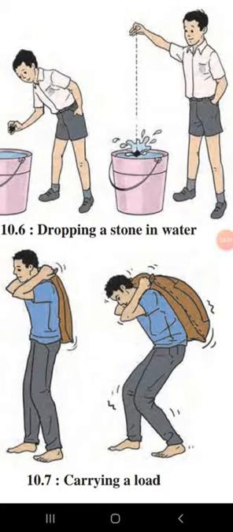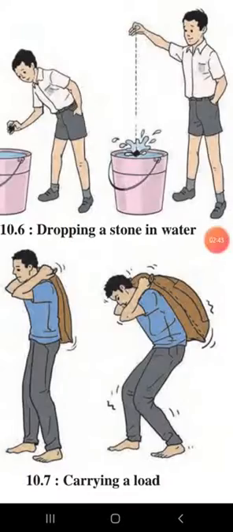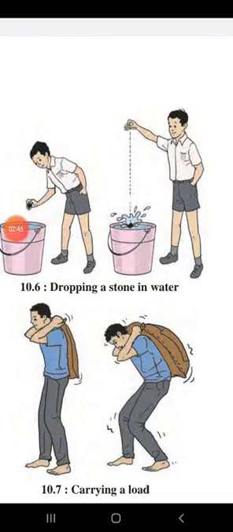So, in the second case, we have to apply more force. Thus, we can say that the gravitational force on the bigger sack is greater. In other words, the bag weighs more. So, greater force must be applied to lift a greater weight.